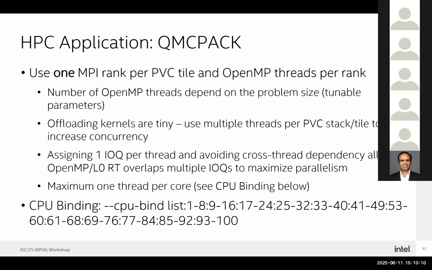And because there are many small offload kernels, that's why we want to run with multiple OpenMP threads, and each OpenMP thread has an in-order queue. So the runtime would try to overlap these queues to maximize parallelism. The most important thing is to prevent any cross-thread dependency, so that the runtime can overlap these queues and execute multiple threads at the same time.